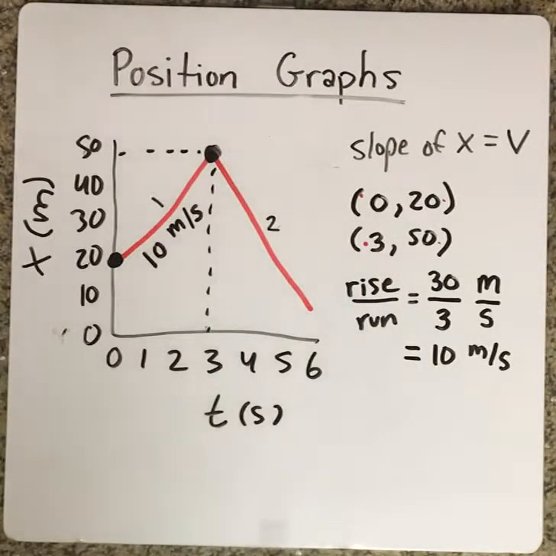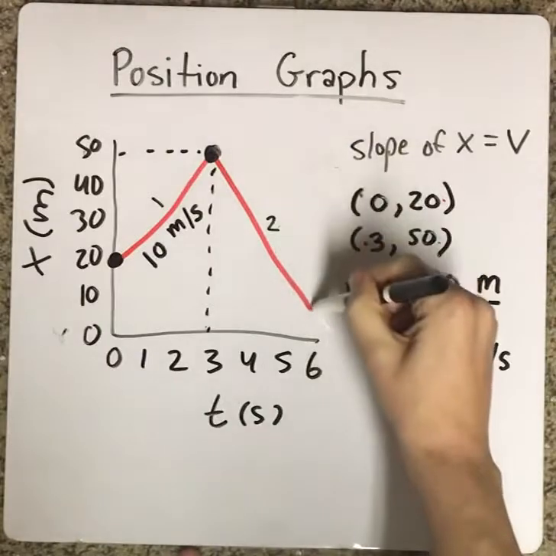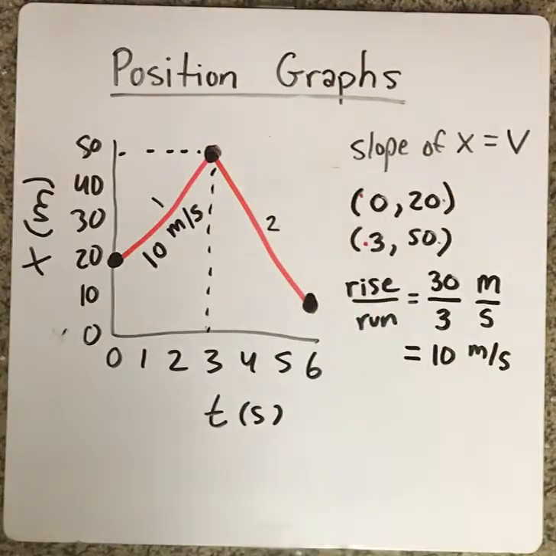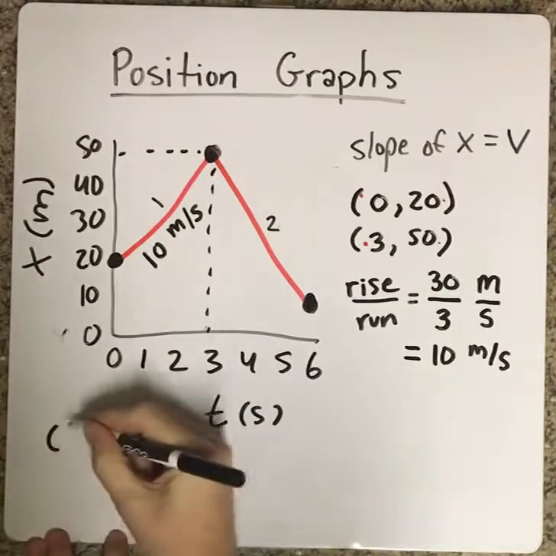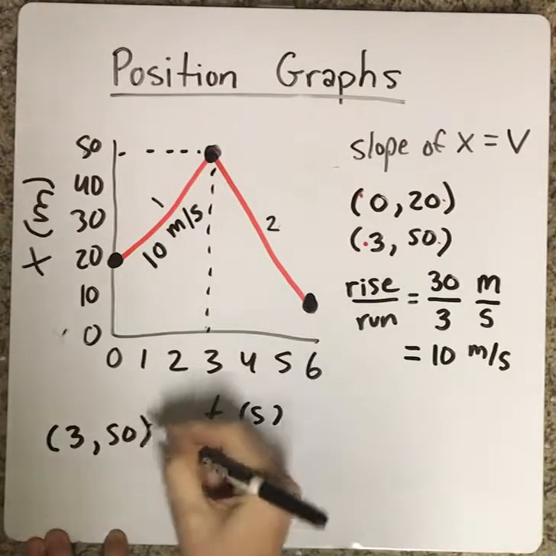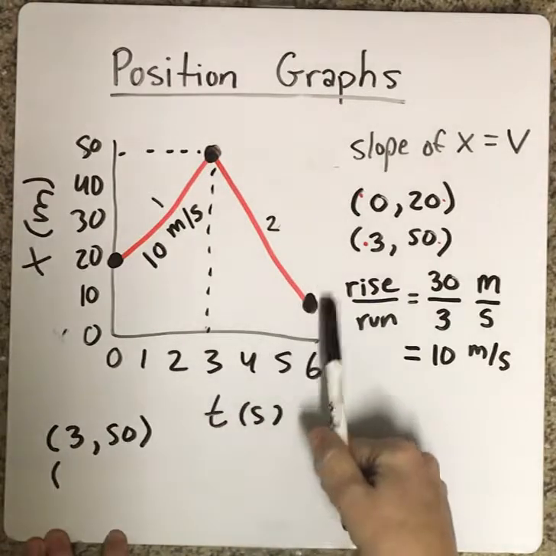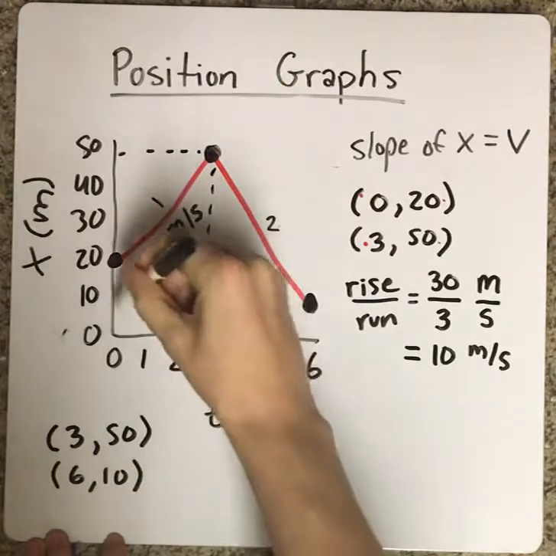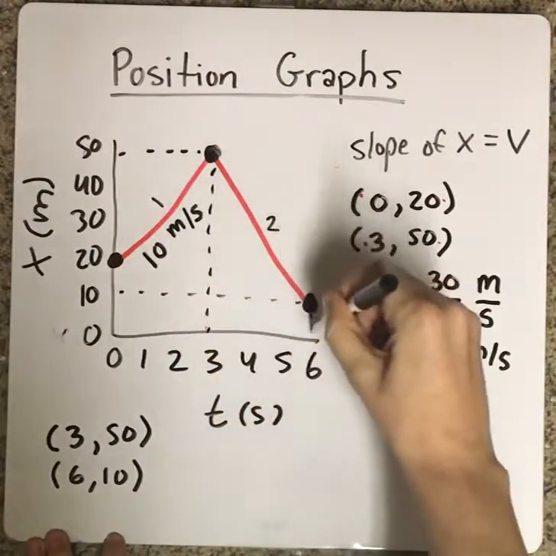Okay. Next, let's look at segment 2. We need to identify our points. So segment 2 goes from 3, 50, and then it ends at 6, 10. Okay.